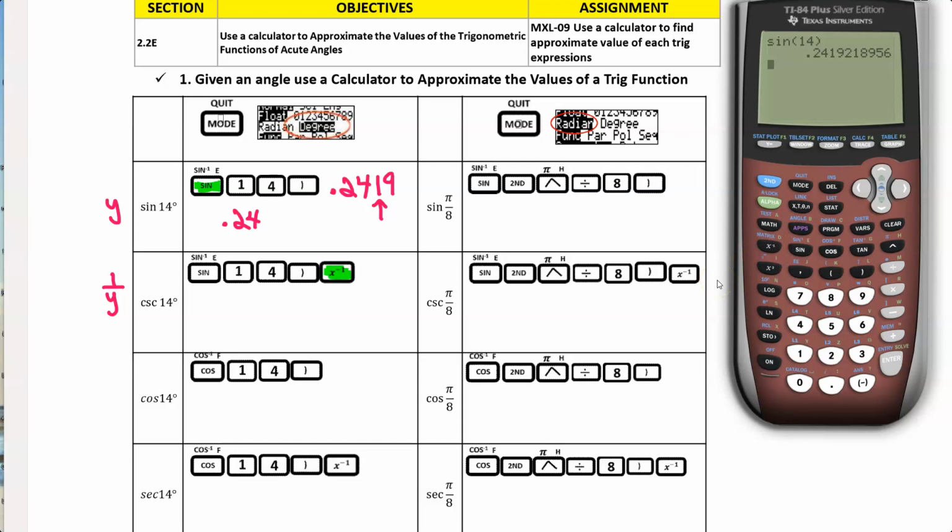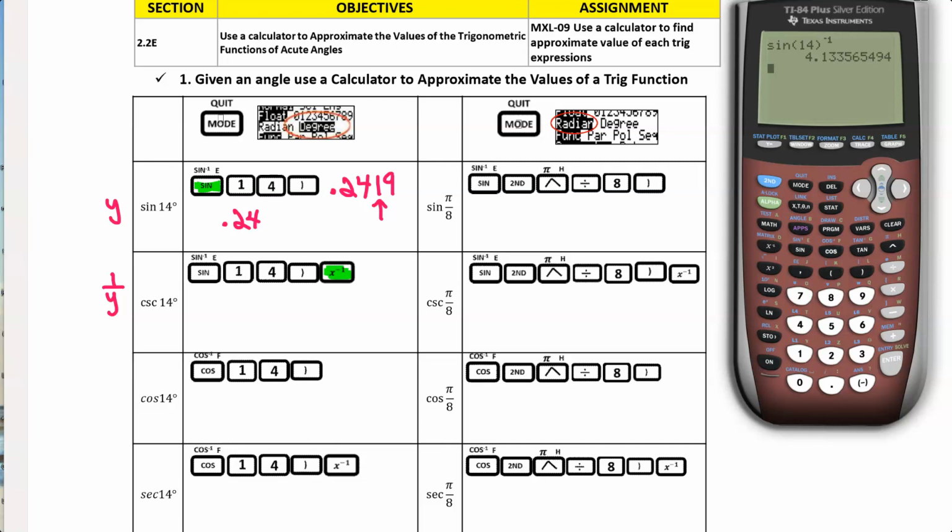So if I want to get the cosecant, let's clear this. I press clear. I'm going to type in sine 14 degrees, close my parenthesis, and now hit x to the -1, and that is going to flip it. And then enter, and there is the reciprocal of sine.